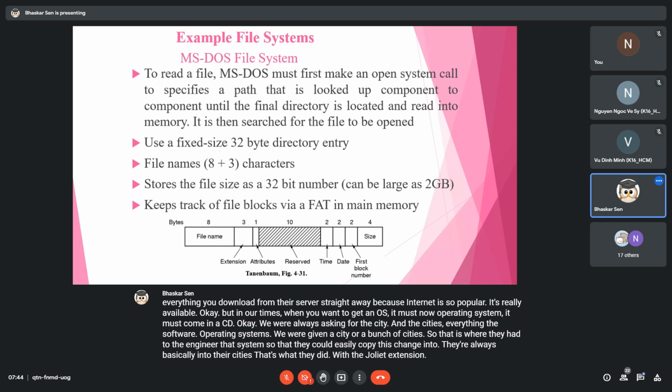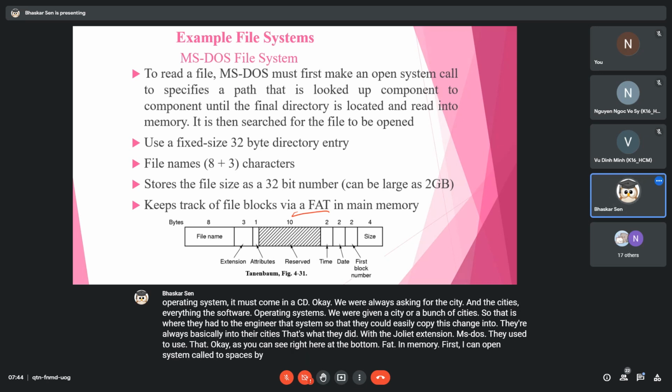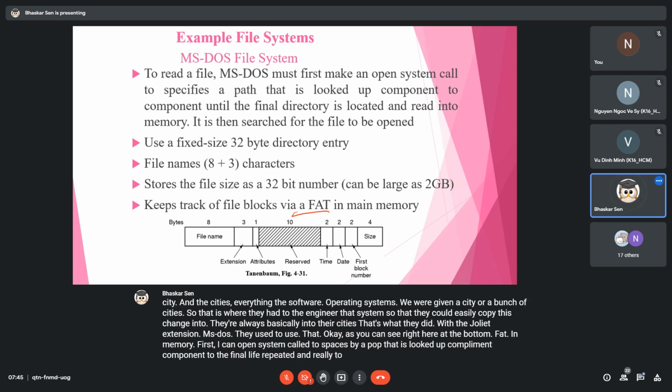MS-DOS, they used to use FAT, as you can see right here at the bottom. FAT in memory. First, an open system call specifies a path that is looked up component by component until the final directory is located and read into memory.